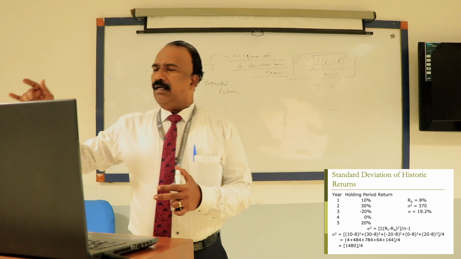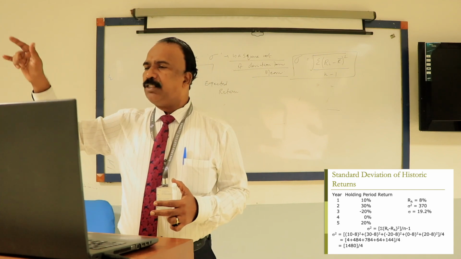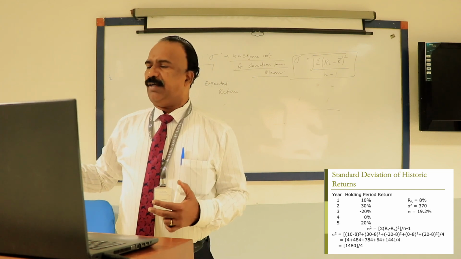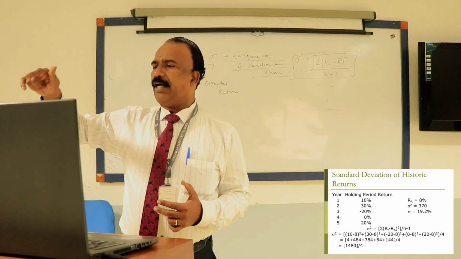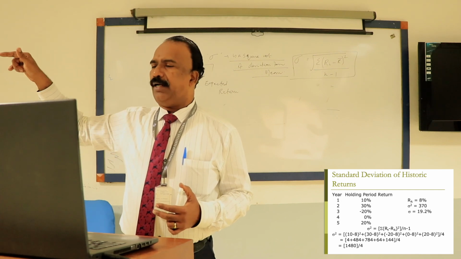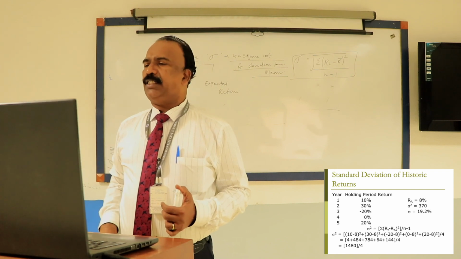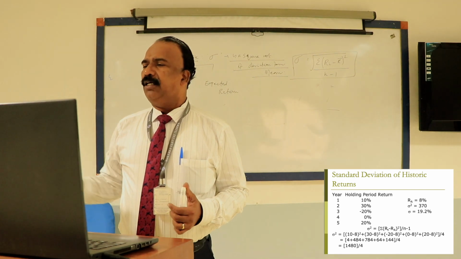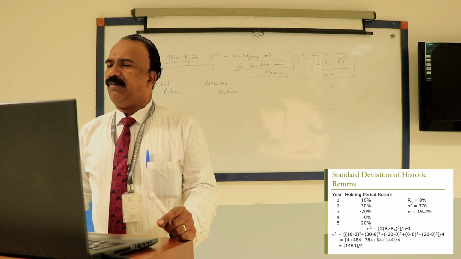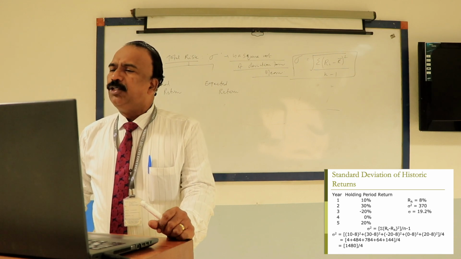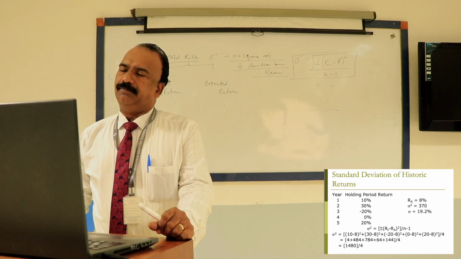Then square it. Use the equation: square root of sigma (Ri minus R bar) squared divided by n minus 1. Instead of dividing by n, you are dividing by n minus 1.